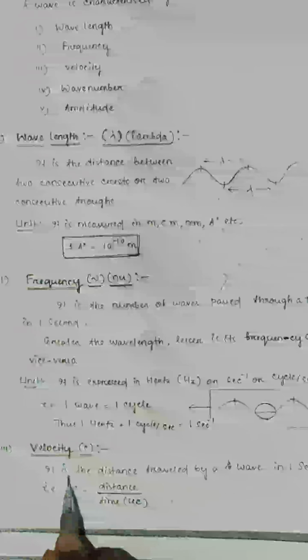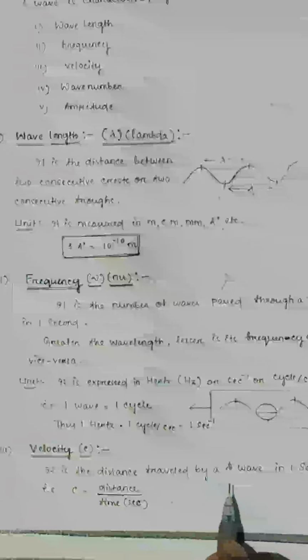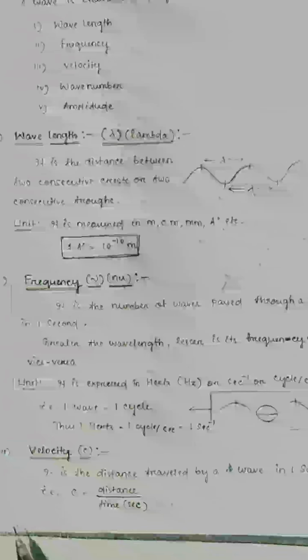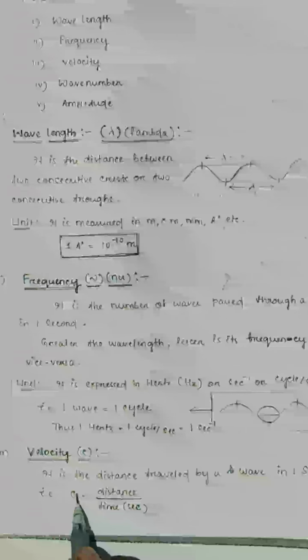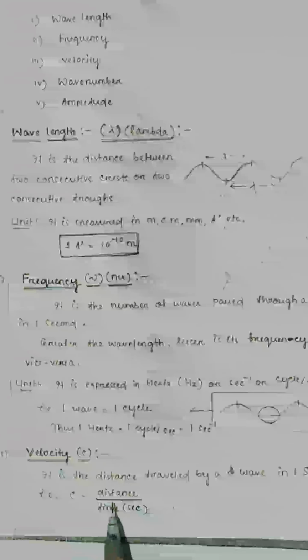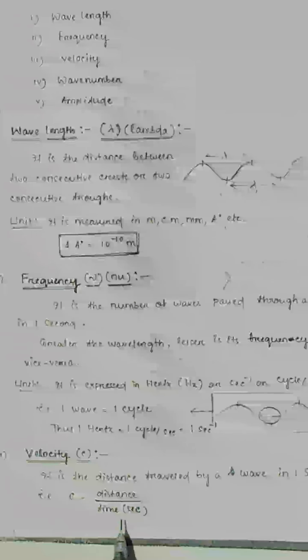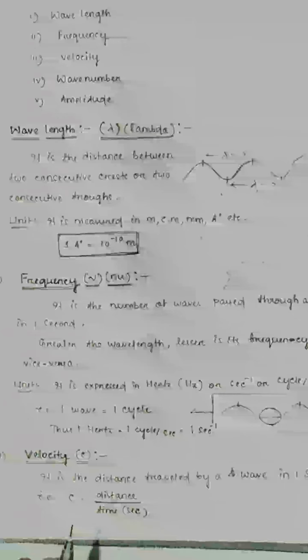Velocity. It is the distance traveled by waves in 1 second, such that c, or velocity, is equal to distance divided by time in seconds.